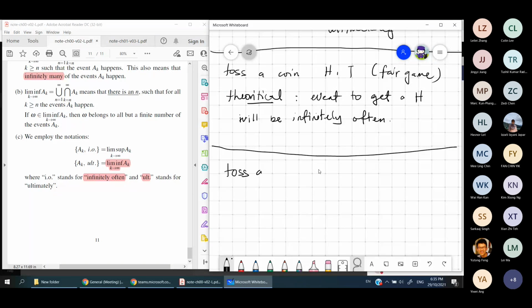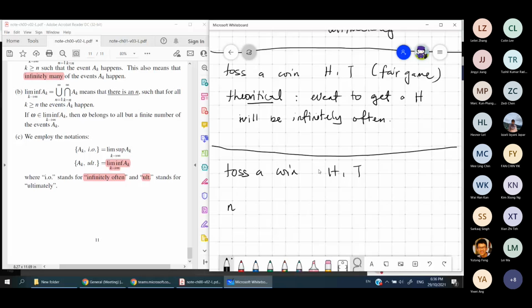We toss a coin. Then there are two possibilities, right? Either we get a head or tail, and again, we assume a fair game. Now we ask the question: what are the chances of getting a head and of getting a tail? Actually, we really don't know.